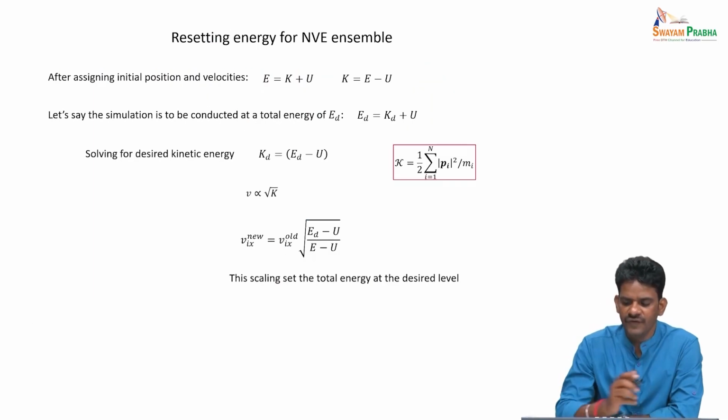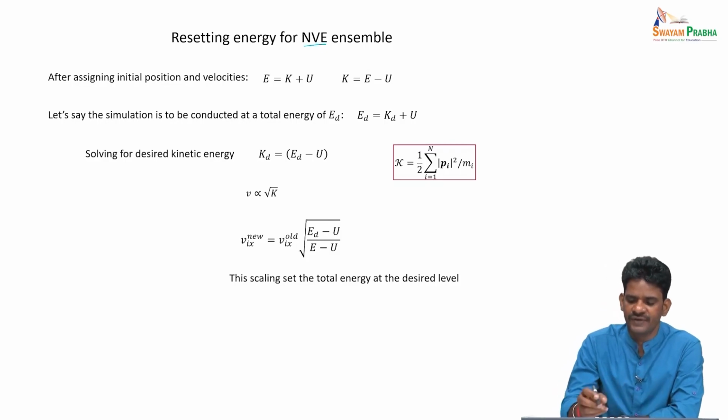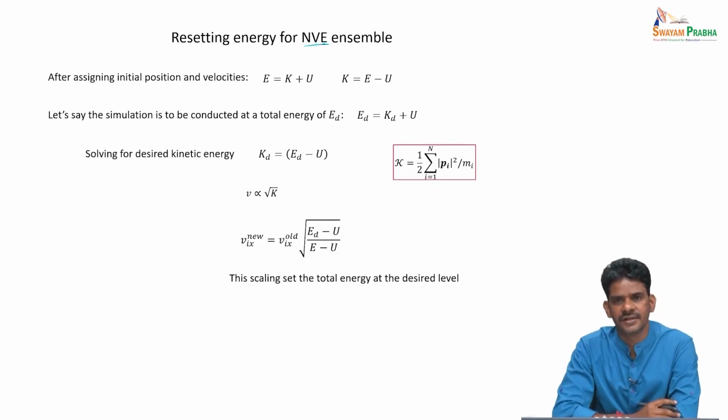Now, when we do NVE ensemble, we will be required to fix the number of particles, volume, and the energy of the system. So, number can be chosen based on the availability of computational resources, and volume can be decided based on the density that we want to operate at once we know the number of particles. Now, fixing the energy is a little important.